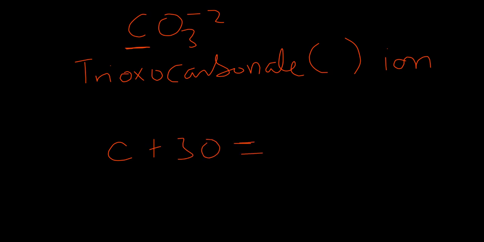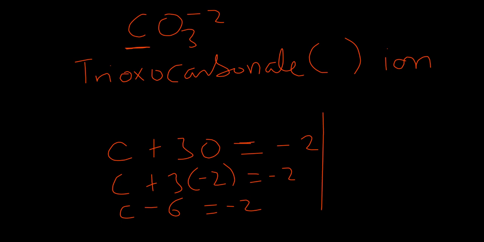So C plus 3 times the oxygen, -2, equals -2. So C, that will give us -6, equals -2. So C equals -2 plus 6. So that will give us +4. So that will be IV. So the name of this ion will be trioxocarbonate(IV) ion.